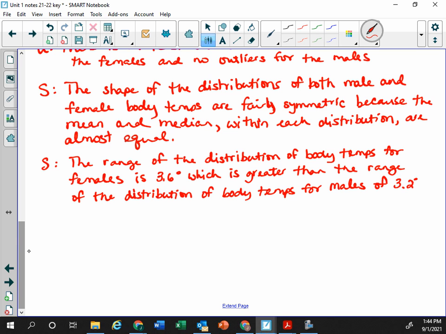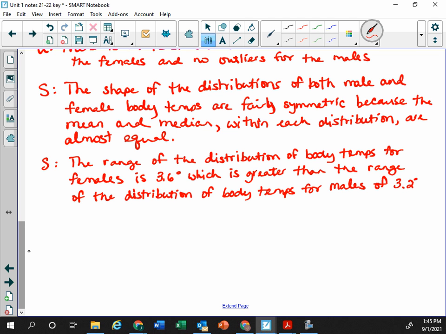Okay. Questions on that? Make sure you always have context in there and then just be detailed. If it says compare, actually make a comparison between the two distributions, okay?